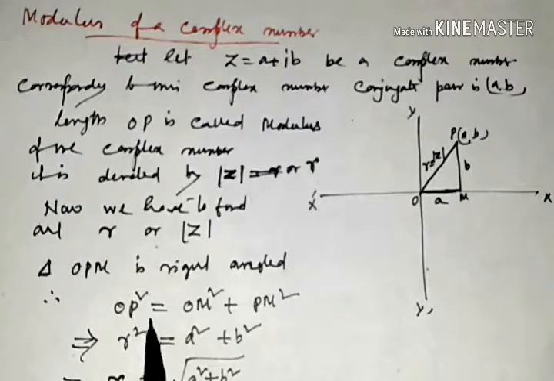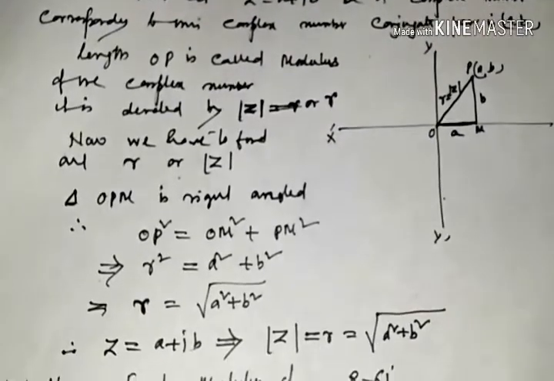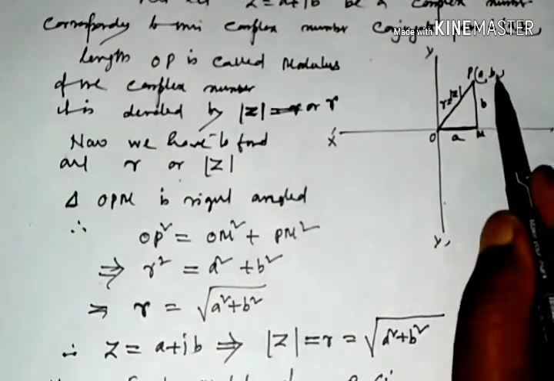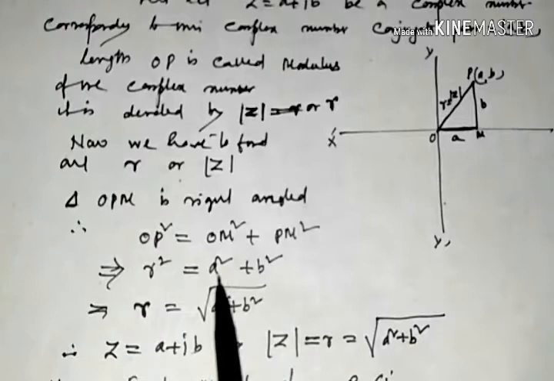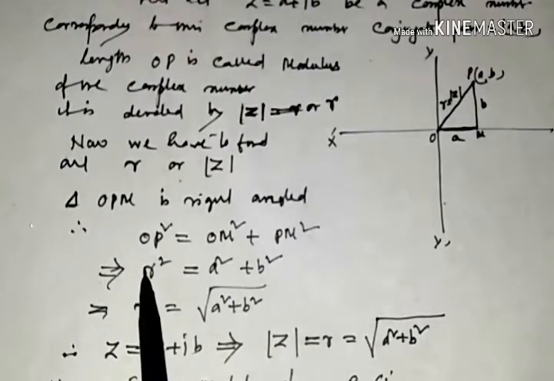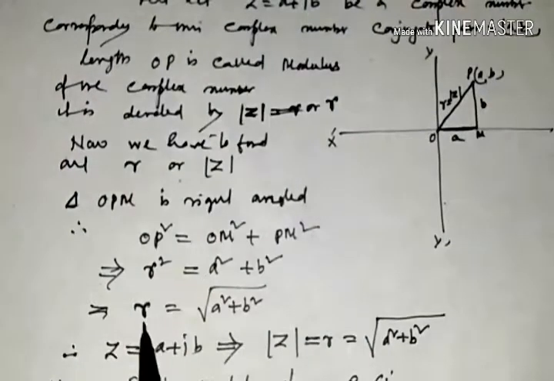OP square is equal to OM square plus PM square. The point is (a, b), therefore OM is a and PM is b, so OP square is a square plus b square. If we represent the length of OP as r, then it is r square, so r is equal to root over a square plus b square.